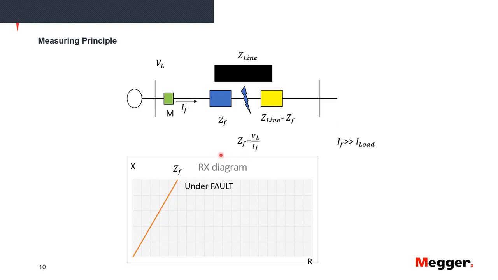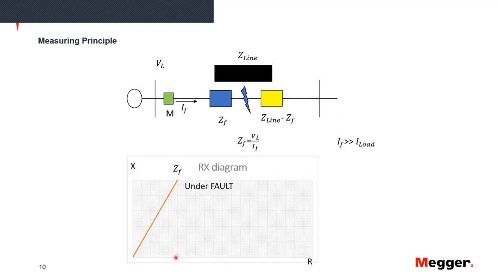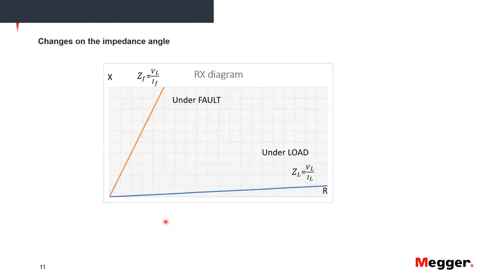Then what happens is that at the moment of the fault, the apparent impedance as measured here at M is going to jump. It's going to go from where it was before down here to where it is now, and it's going to become mostly reactive. So we're going to have a jump in the angle of the apparent impedance as measured at the point of measurement where we were before.